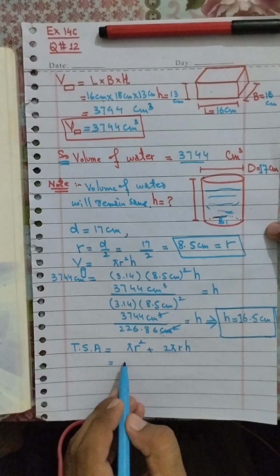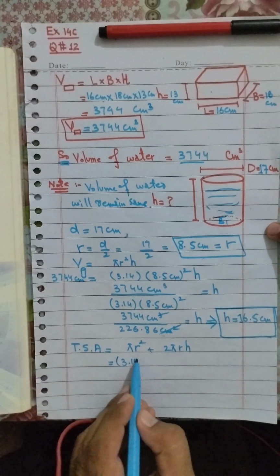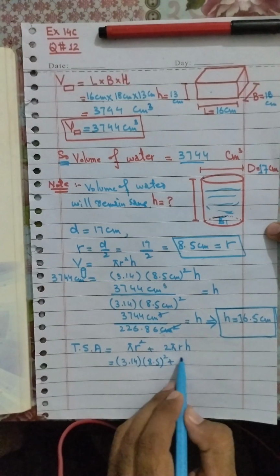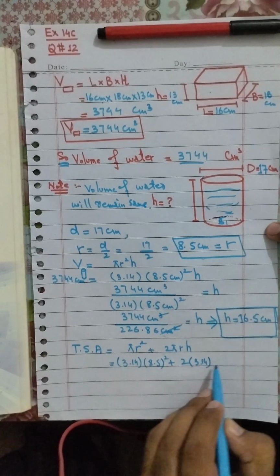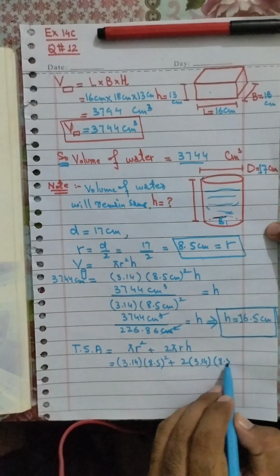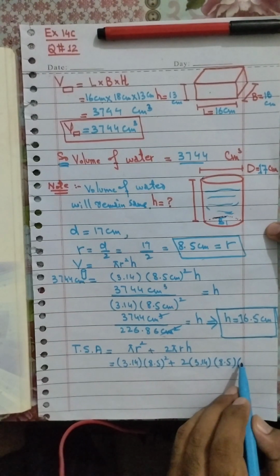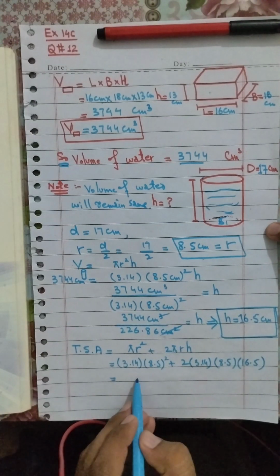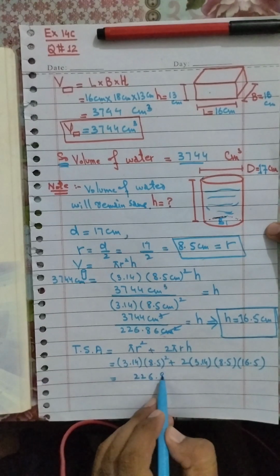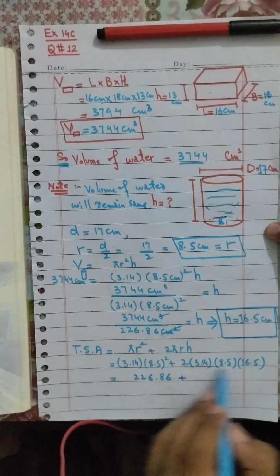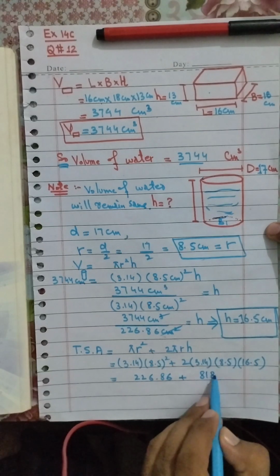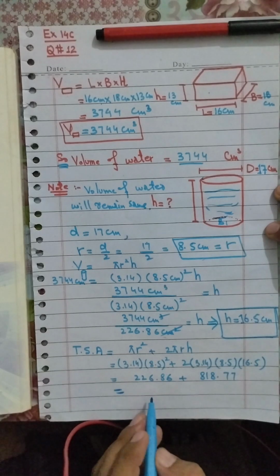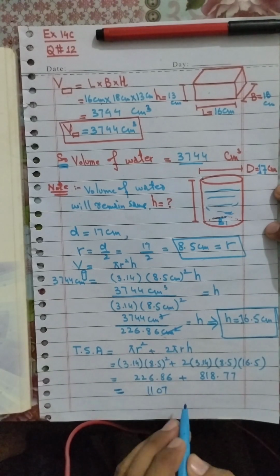Okay, so pi's value 3.14, r's value is 8.5 square, plus 2 times 3.14 times 8.5, and height is 16.5. When we multiply this portion, it becomes 226.86, plus when we do the other, it becomes 881.77. When we add these two things, it becomes 1107.